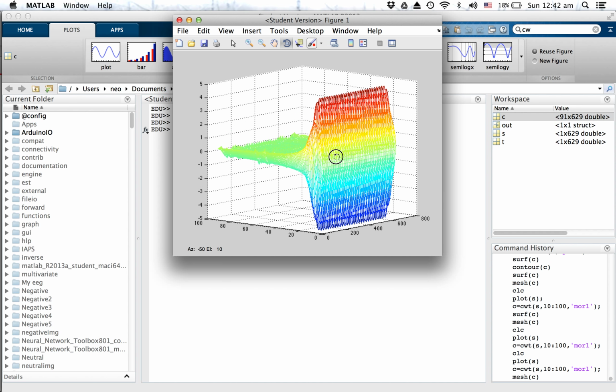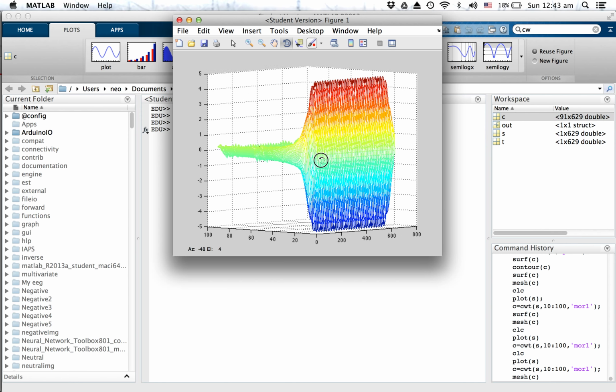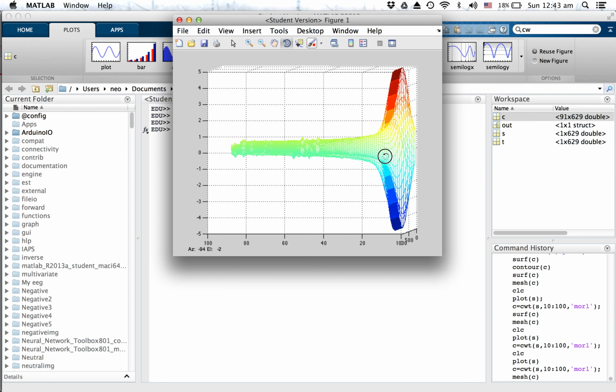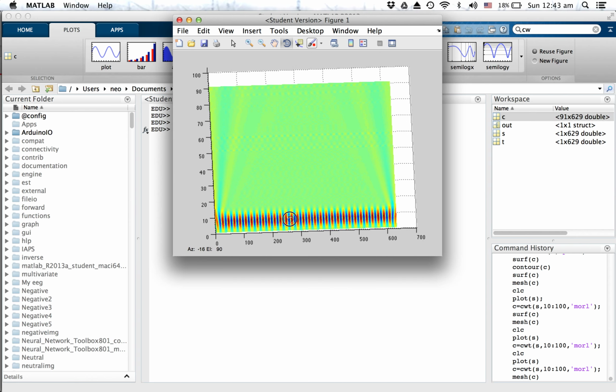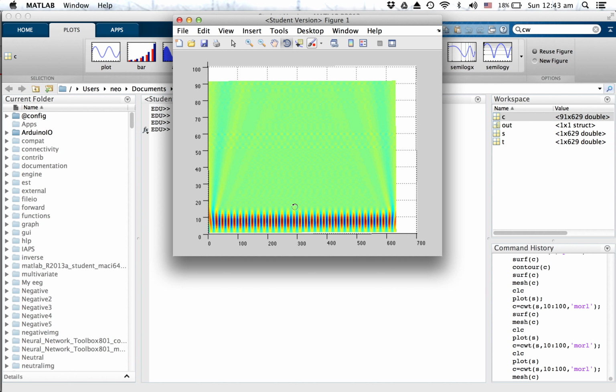Now if you convert it into a 2D image, this is how it gets converted. The x-axis is time, the y-axis is frequency, and only at 5 Hz there is a color change, otherwise it's all green, meaning no power.